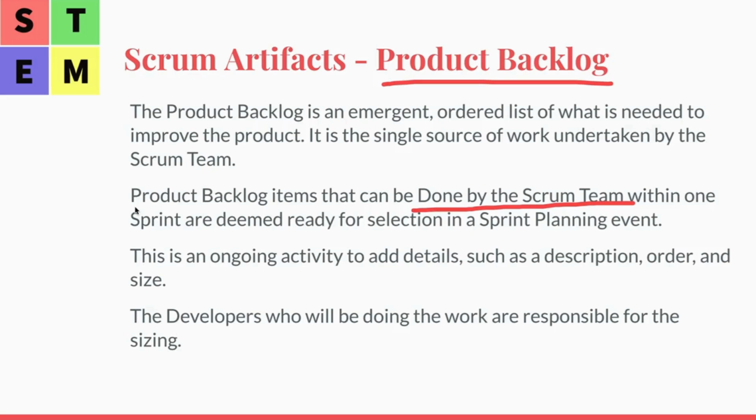In order that this product backlog item can be picked by the Scrum team and put into a sprint, we probably need to have this product backlog item go through with the Scrum team and find out, for example, whether we have enough information to do the development of this product backlog item.